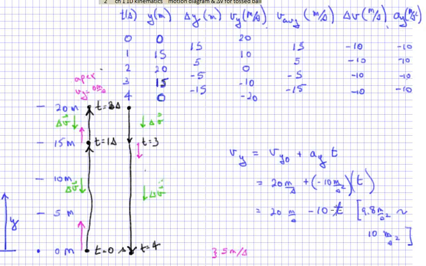To put the numbers in, if I put minus 10 meters per second squared in for the acceleration, I get 20 minus 10t. I should also add my last velocities here, like this: minus 5, minus 10, minus 15, and minus 20.